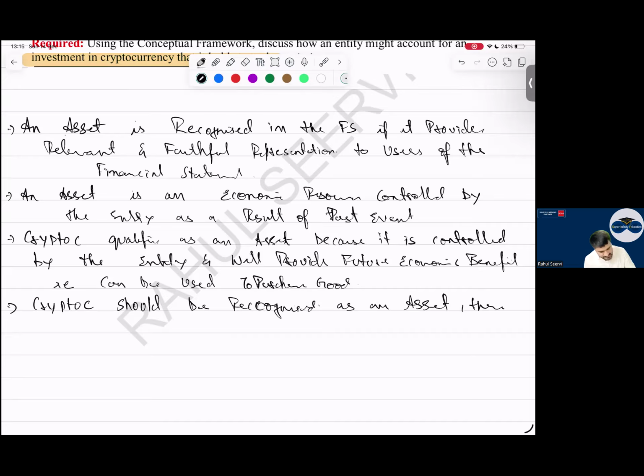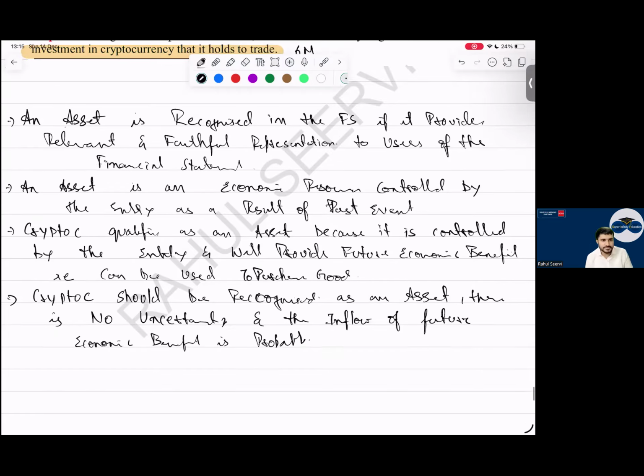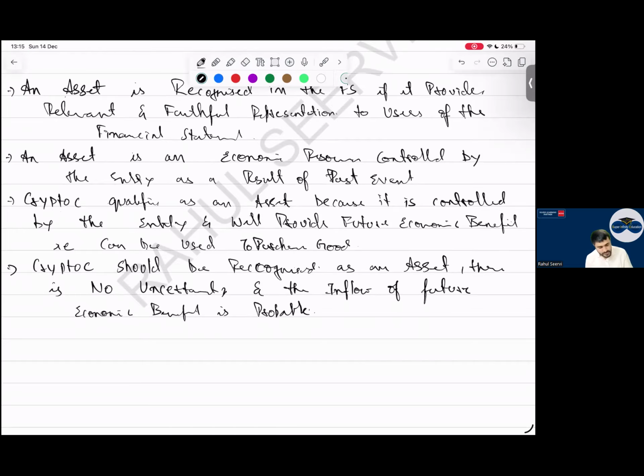Can I say there is no uncertainty, and the inflow of future economic benefit is probable. Yes, sir. Simple. So it provides relevant and faithful information. You can mention that, but we have already mentioned it above, so no issue.